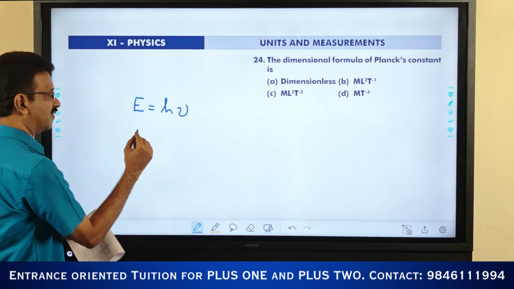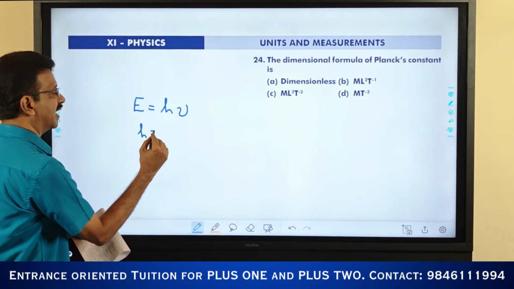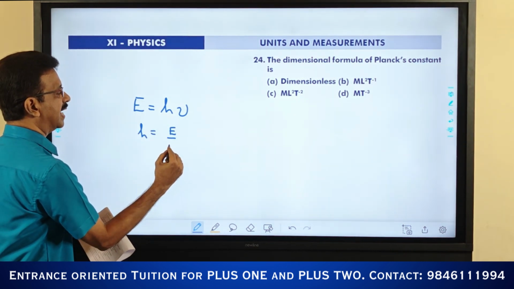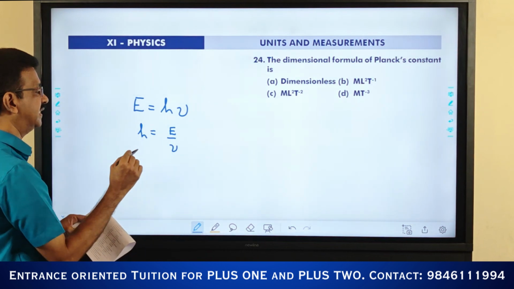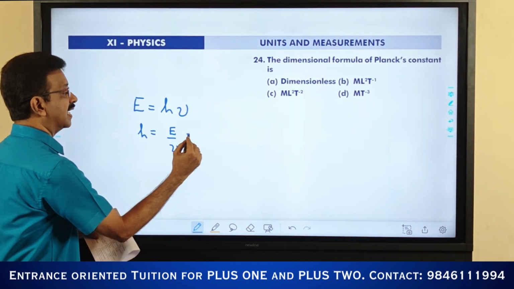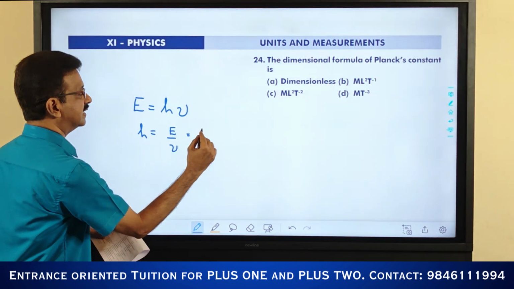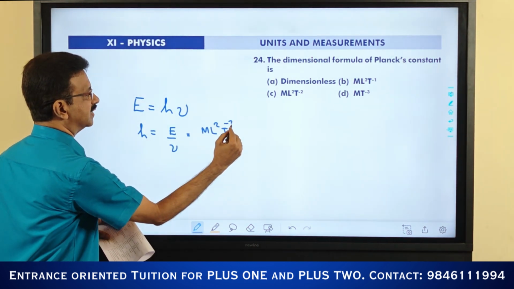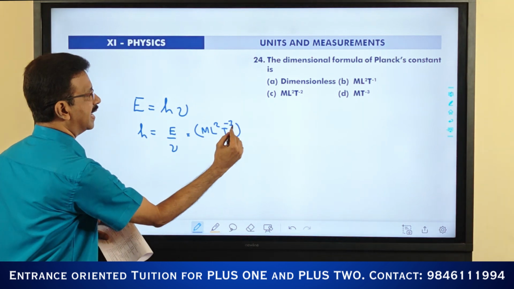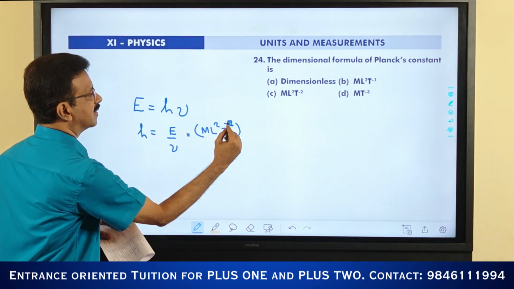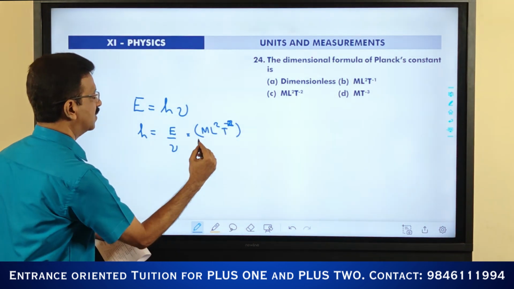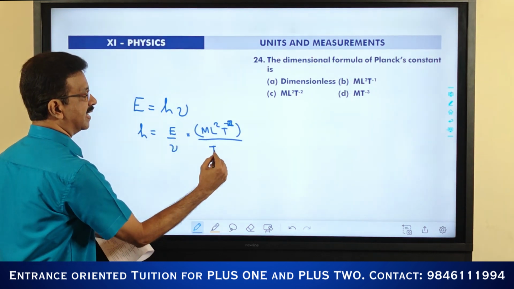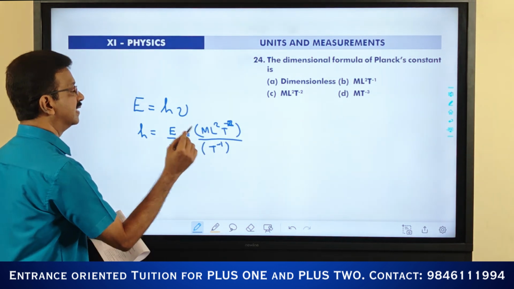To find the dimensional formula, first we have to convert the equation as h equal to E by nu. E is the energy, nu is the frequency. Dimensional formula of energy is M L square T raised to minus 2, divided by dimensions of frequency, 1 by time period, T raised to minus 1.